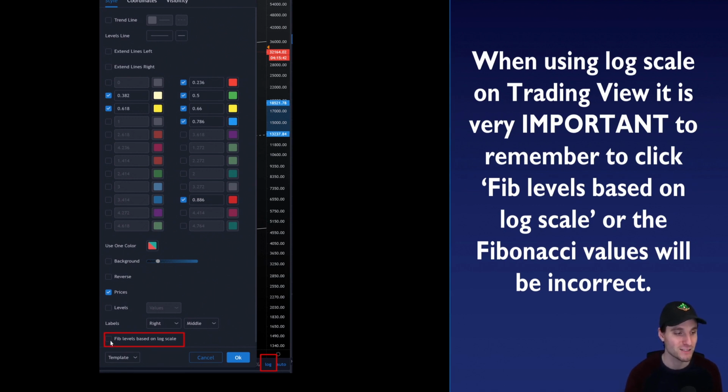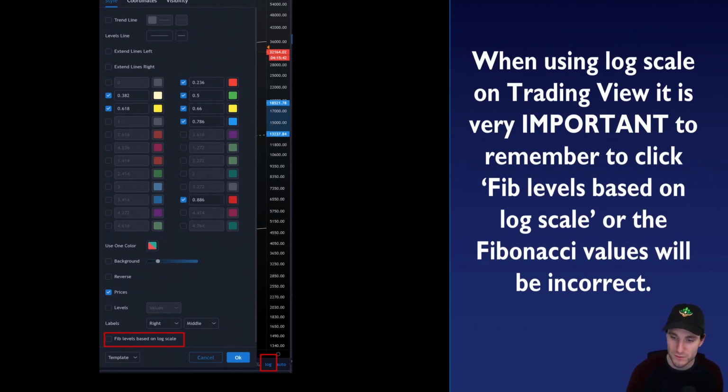If you forget to tick this box, you will be using totally incorrect data, and you are going to lose trades from using the wrong data. So it is very important when you're going into log scale to make sure this box is ticked. Otherwise, you're going to be losing a lot of money. So that's something that I wanted to make you aware of there as well.